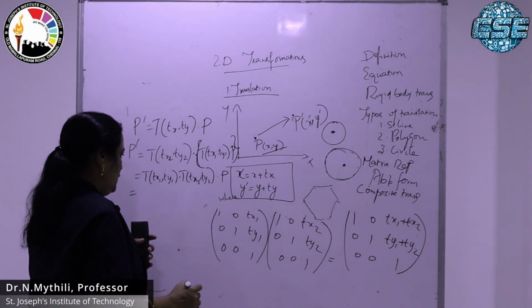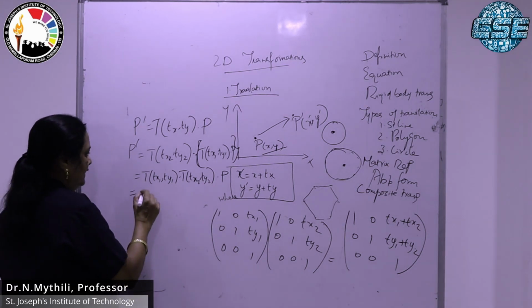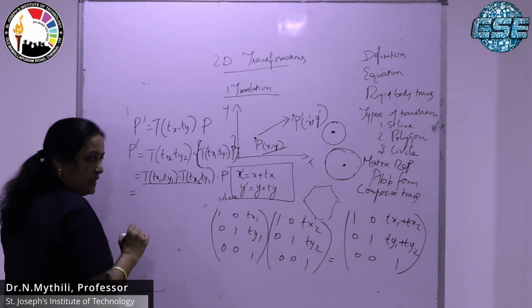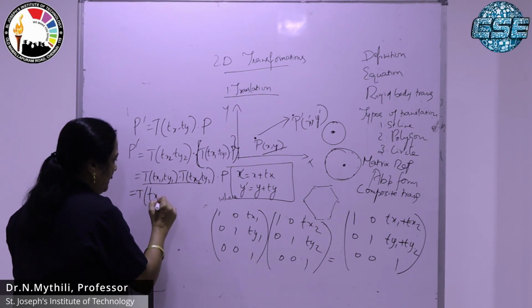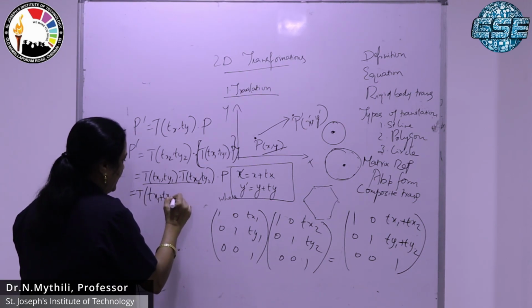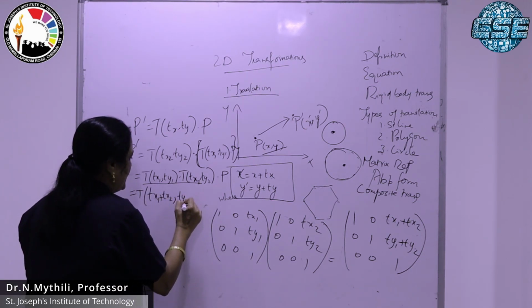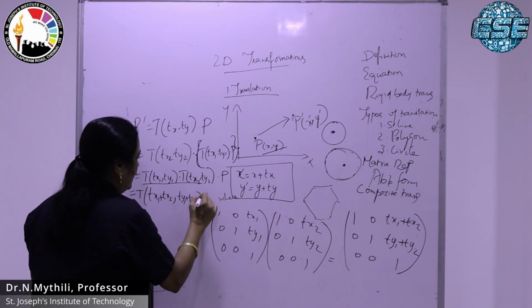Okay, so when you multiply these two things, we will have T of tx1 plus tx2 comma ty1 plus ty2 into P.